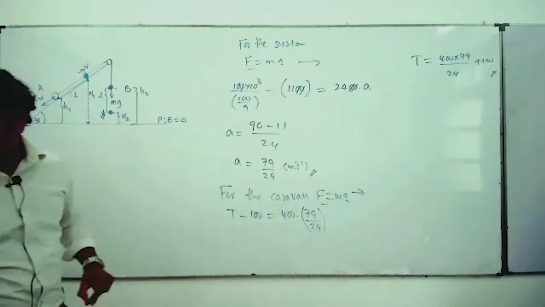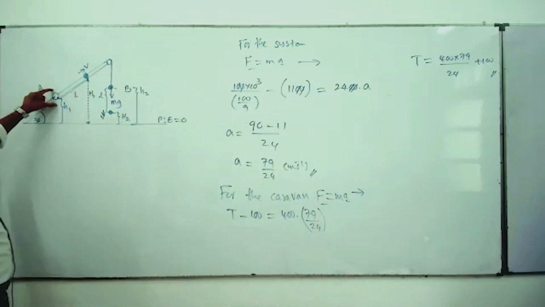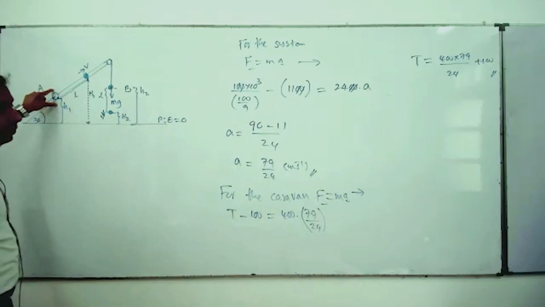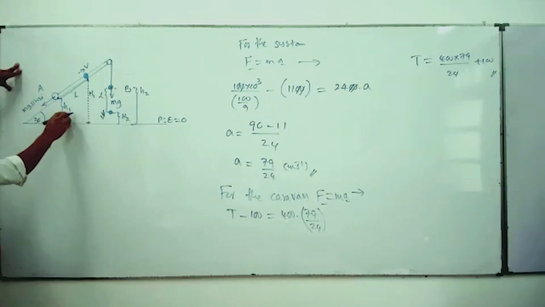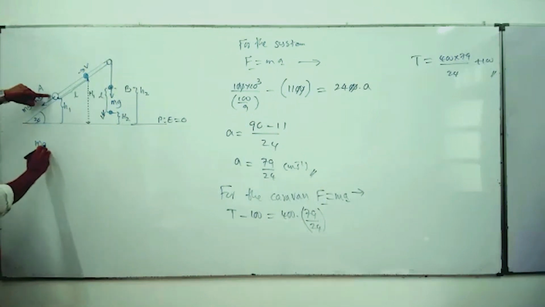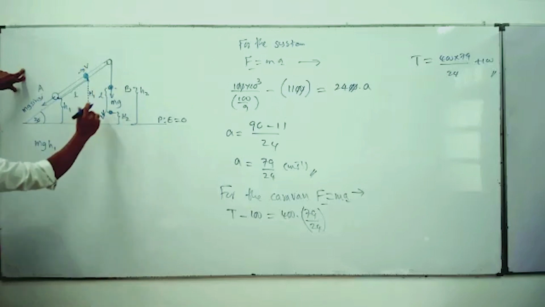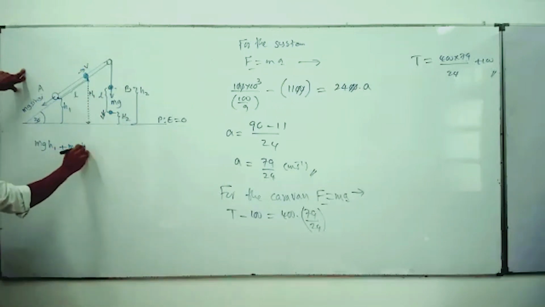Here, at the beginning, both were at rest, no kinetic energy. What is the potential energy? mg h1 plus mg h2.